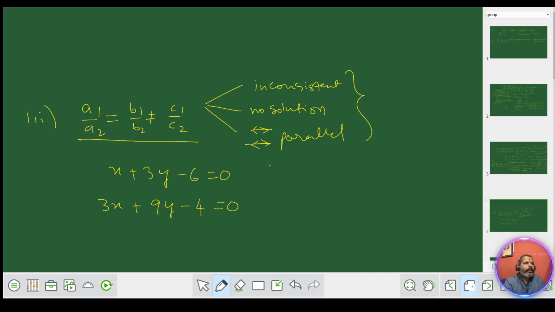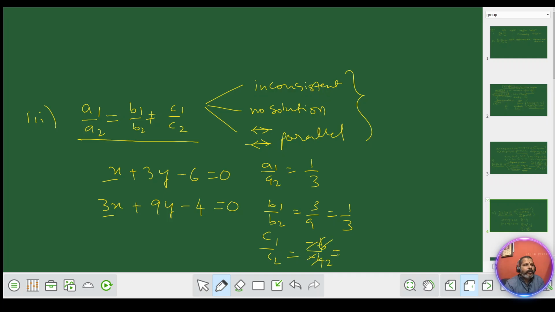Can we find A1 by A2 here? A1 by A2 is 1 by 3, meaning the x coefficients. B1 by B2 is 3 by 9, that is 1 by 3. Then C1 by C2: minus 6 is C1, minus 4 is C2.